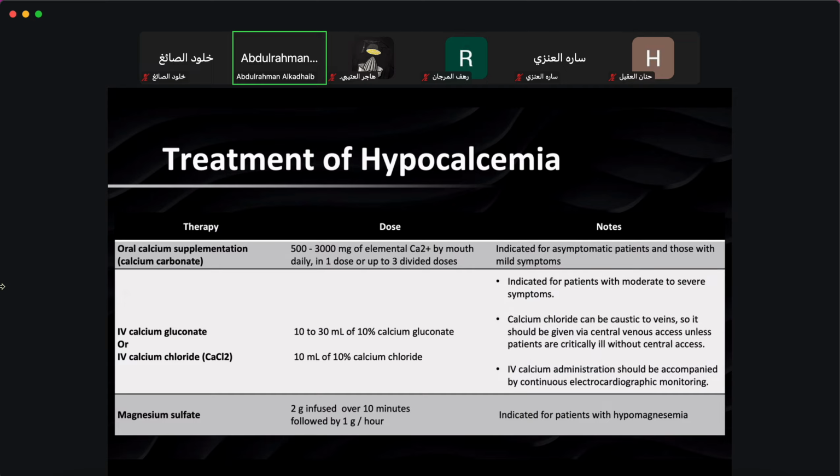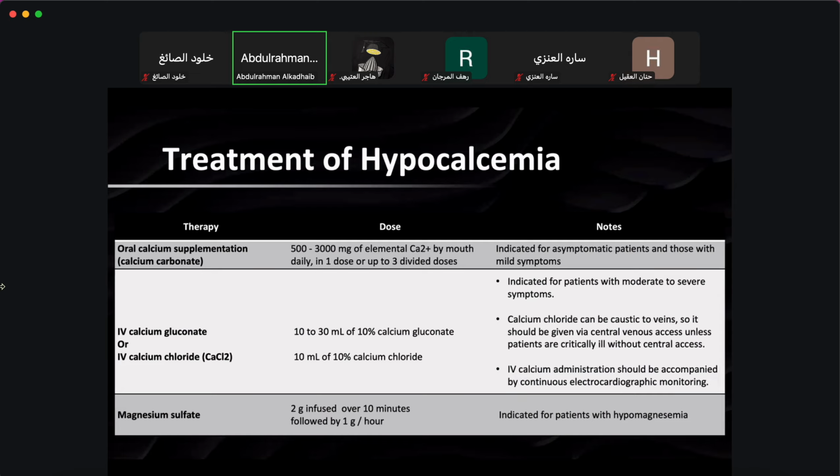Just keep in mind that calcium replacement, when given through the IV line, is usually very irritating to the veins. So we usually give it through a central line, which is a venous line that is larger in diameter, and we usually insert it in one of the large veins in the body, like the femoral vein, the internal jugular vein, or the subclavian vein.